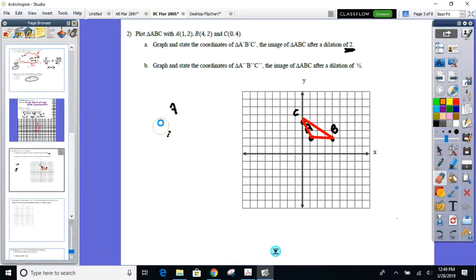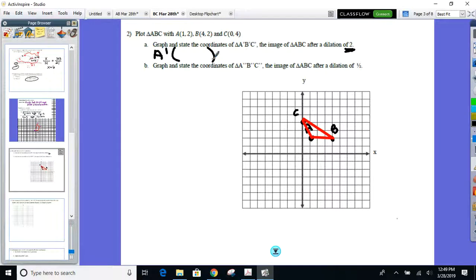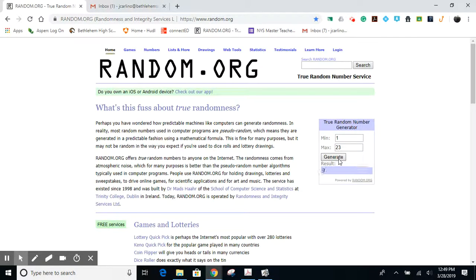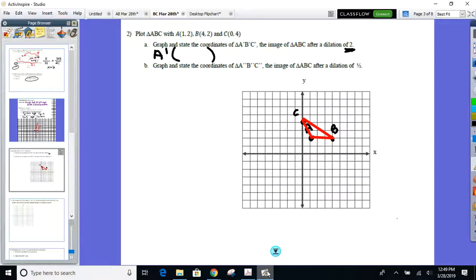So how do you find the actual coordinates? I think I went over this quickly for one of the homework problems. You're going to take each coordinate, x and y, and multiply it by the scale factor. So you multiply x and y by the scale factor. Here we go. Number 9, A prime, B prime, C prime.